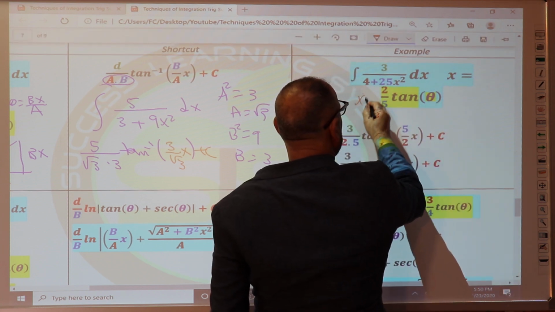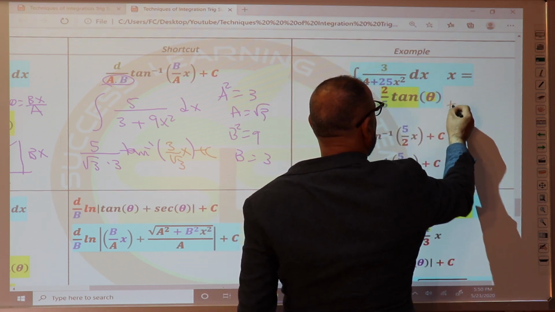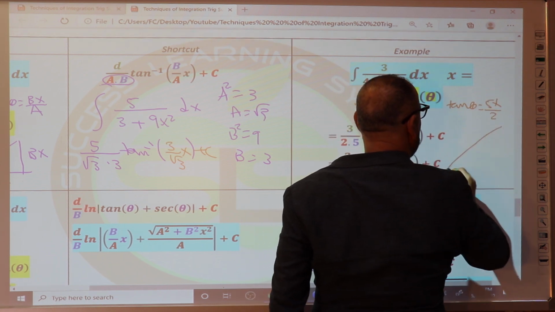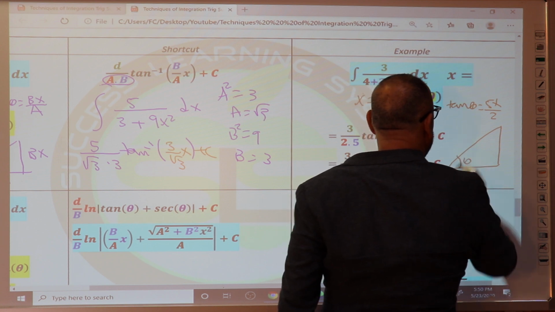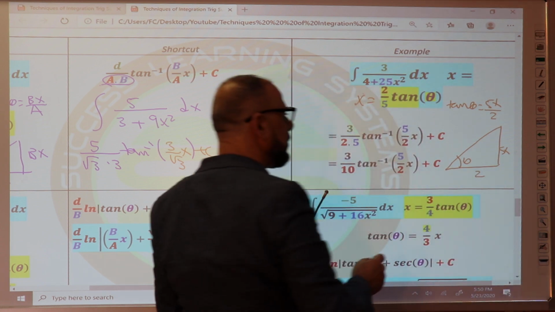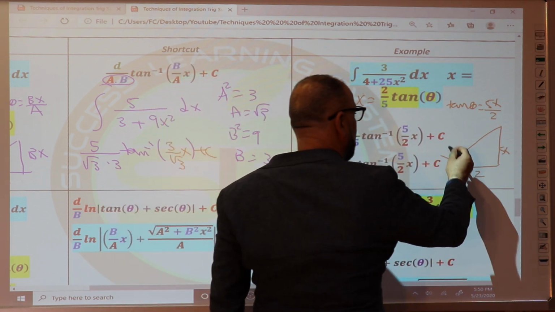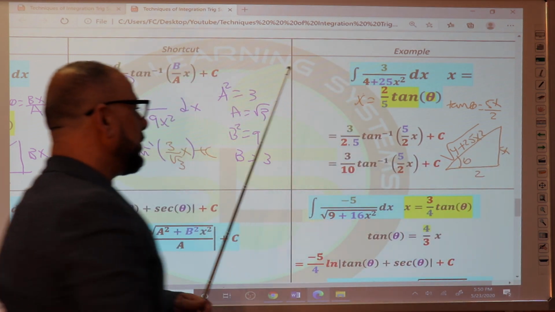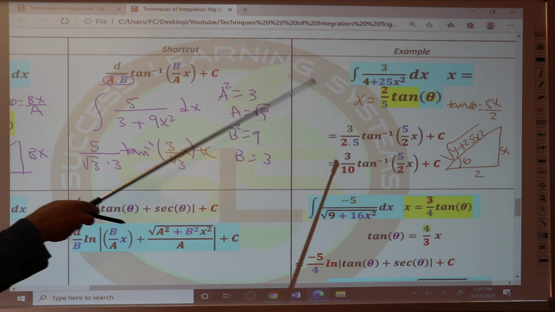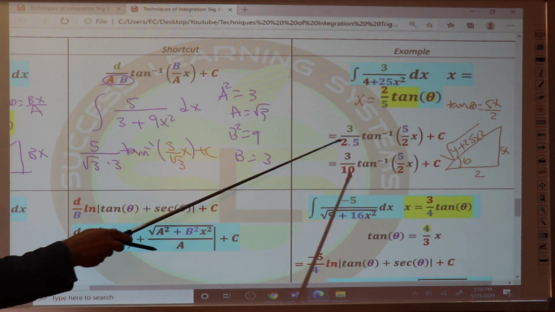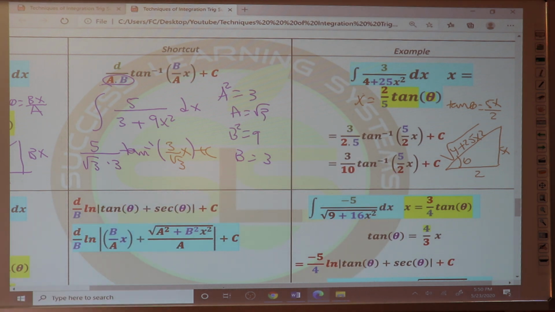X equal tan, then tan theta equal 5x over 2, and theta, 5x and 2, and here square root of 4 plus 25x squared. Okay, applying the rule D, which is 3, 2 times 5, tan inverse 5 over 2x. Good job, plus C. Good job. Okay.